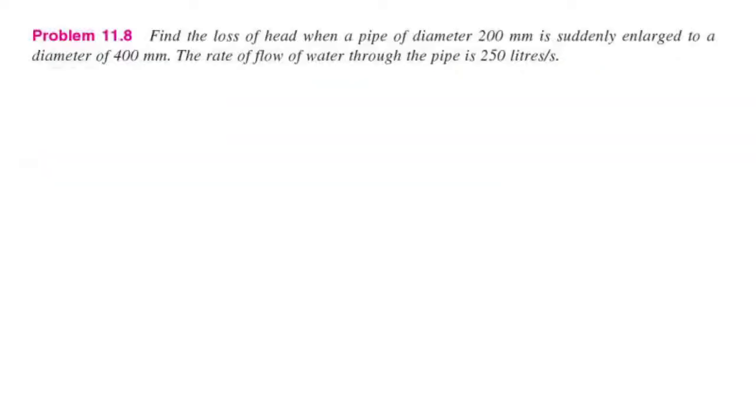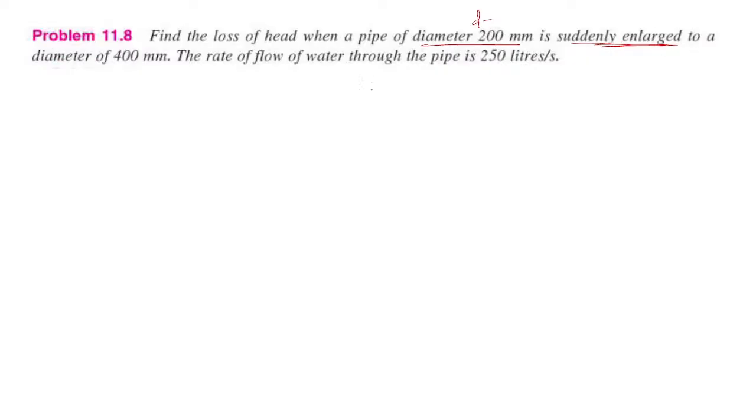Okay, let's do one more example and see how to solve this problem. Before that, let me read the question for you. Find the loss of head when a pipe of a given diameter has a sudden enlargement. This problem belongs to sudden enlargement, and that is a very, very important key word.